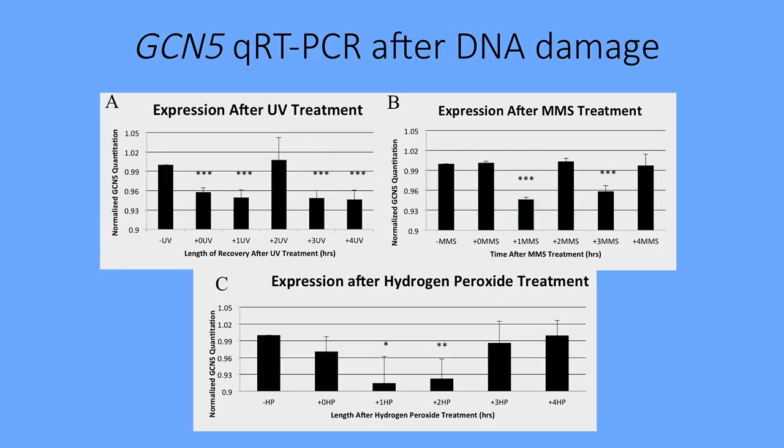Now, because we're looking at trying to find things involved in DNA repair, we looked at after damage to UV, MMS, and hydrogen peroxide. Now, if you look at the scale, these are not very large scales, but when we've done this at least 6 times, we can get this kind of consistent down regulation after UV, and then there's this kind of weird pattern of up-down for MMS.